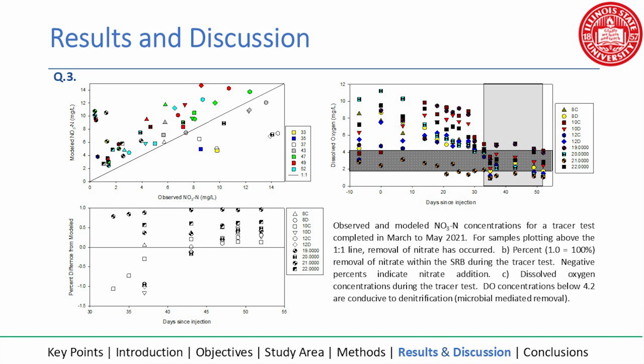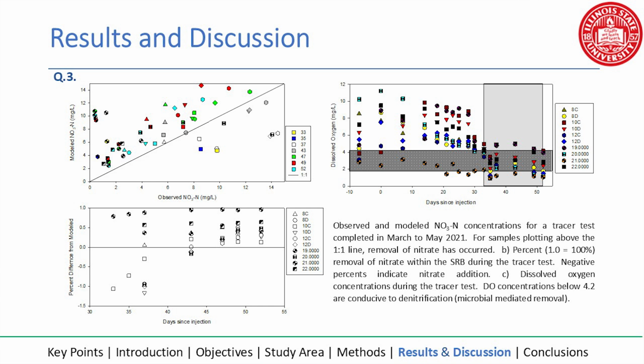And so as we move out into about 35 to 40 days after the test started, and this is about 35 to 40 days after the tile was flowing consistently, our dissolved oxygen concentrations get into a zone where denitrification should be occurring.